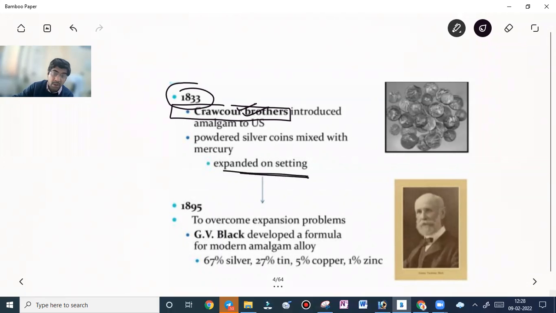In order to overcome the expansion problems, G.V. Black developed a formula for the modern amalgam alloy that contains 67% silver, 27% tin, 5% copper, and 1% zinc.